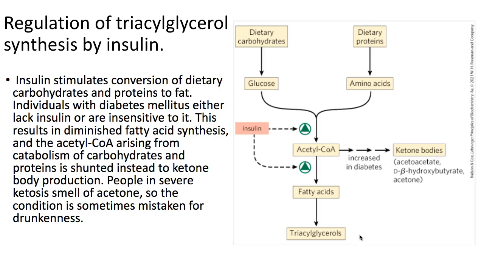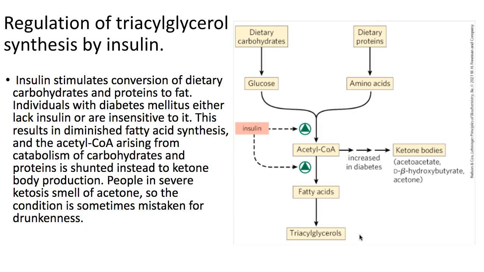And so as far as the regulation of having triacylglycerol, that is regulated with insulin. The insulin promotes the creation of acetyl coenzyme A. And remember what I talked about in the last lecture, with the acetyl coenzyme A that was in the mitochondria. It got transported into the cytoplasm by the citrate.